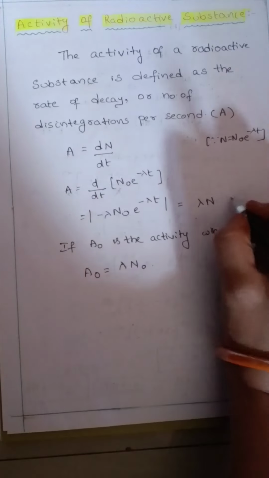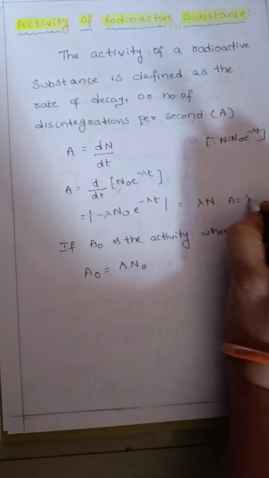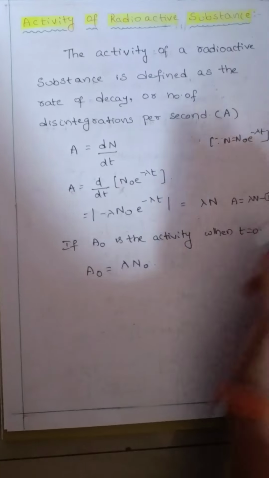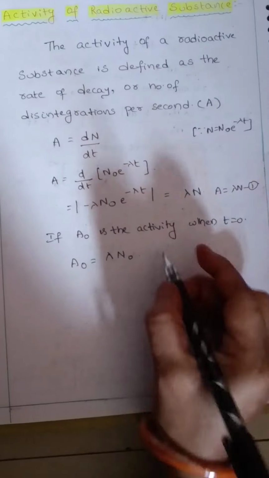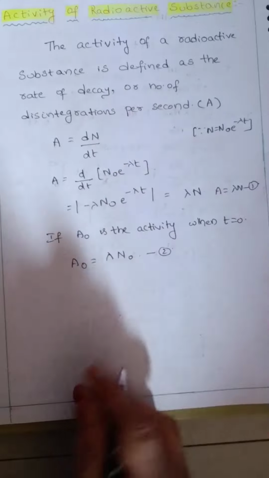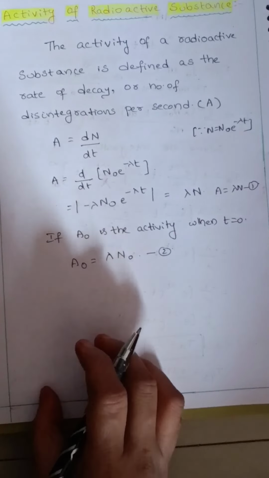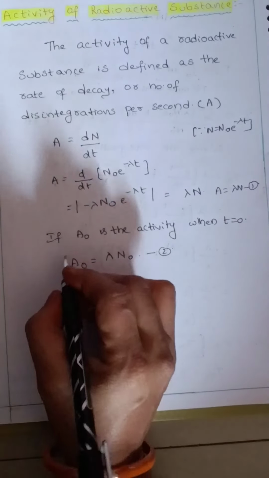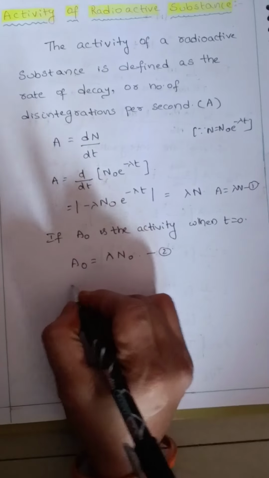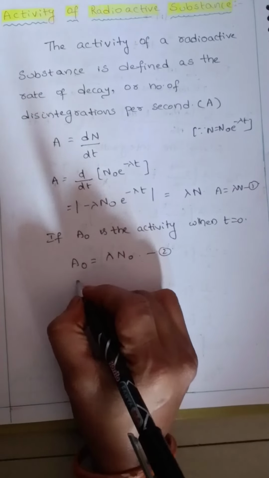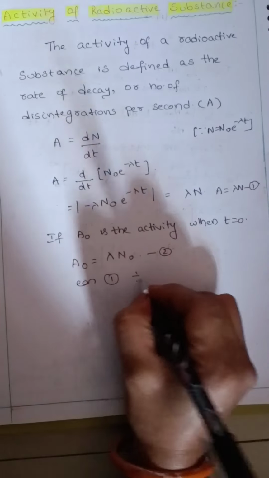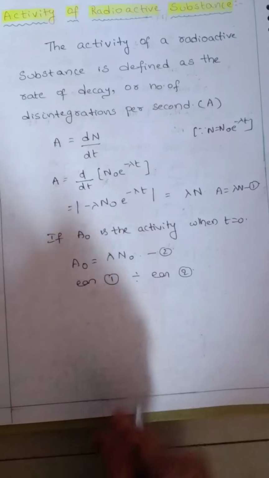So we write A is equal to lambda N, take this as equation 1, and A naught is equal to lambda N naught as equation 2. We want the particular activity of a radioactive substance, so I am doing equation 1 divided by equation 2.